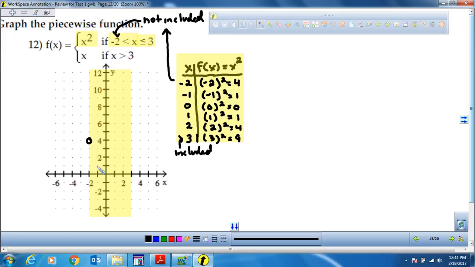Next one is -1, 1, then 0, 0, 1, 1, 2, 4, and 3, 9. And 3 is included, so that one is a closed circle. So this is a parabola that is just going to extend from -2 right here all the way to +3 right here.